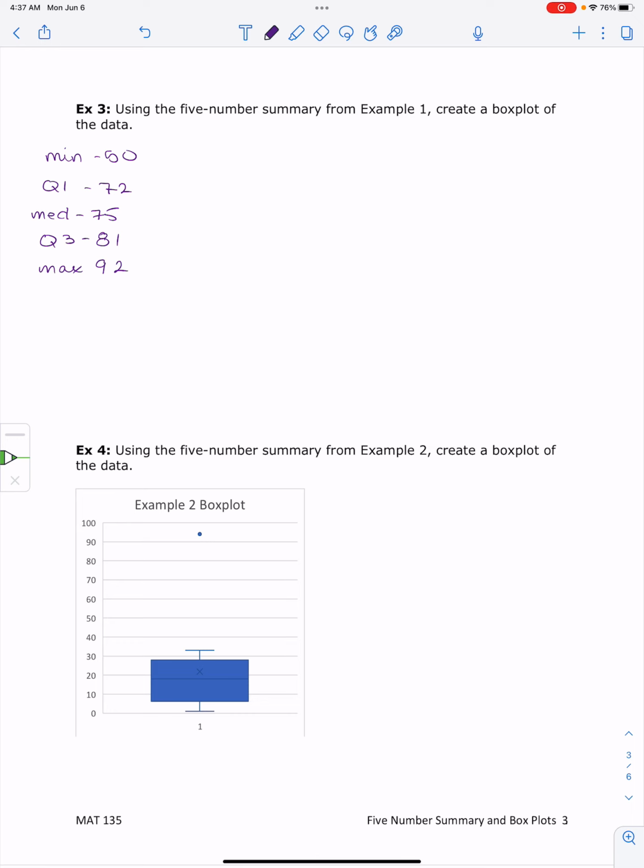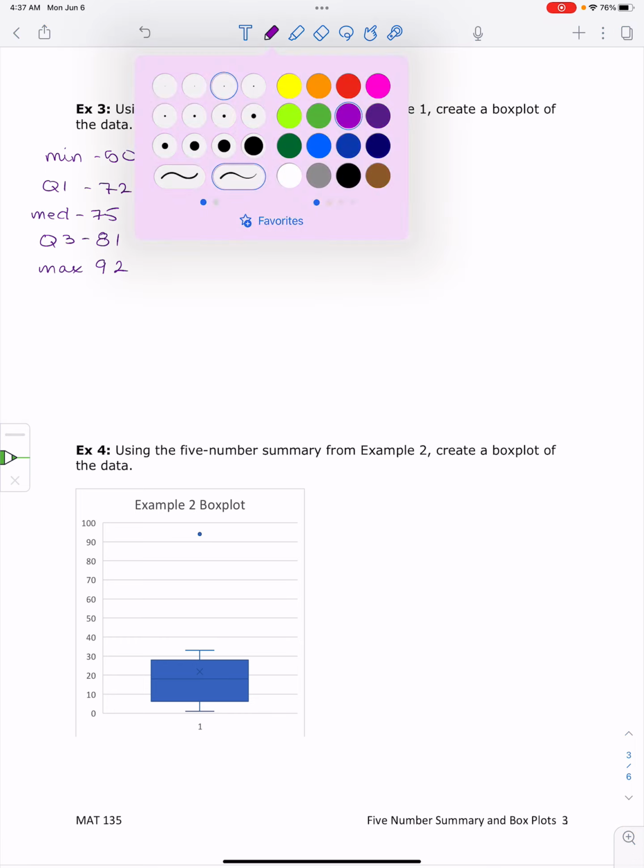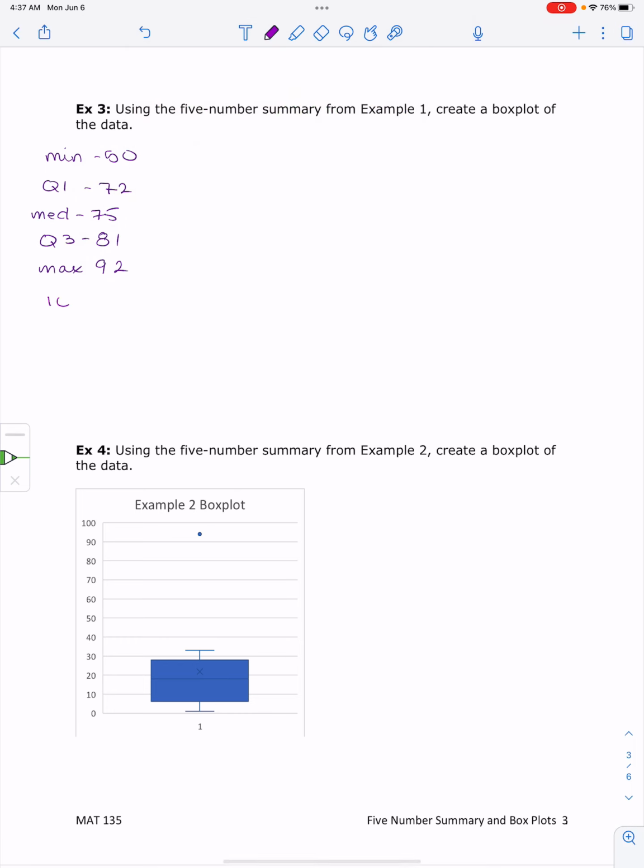First thing I'm going to do here is find my interquartile range. So remember that my interquartile range is Q3 minus Q1. My Q3 is 81. My Q1 is 72. When I subtract those, I get 9.